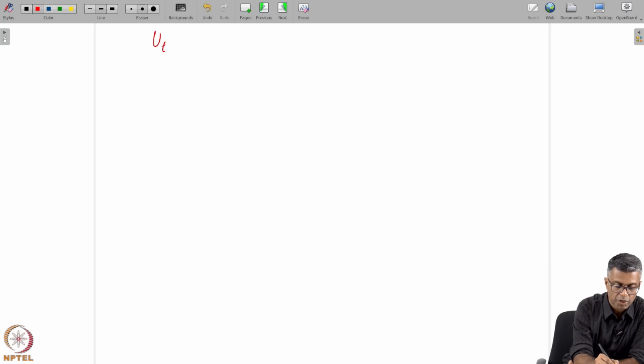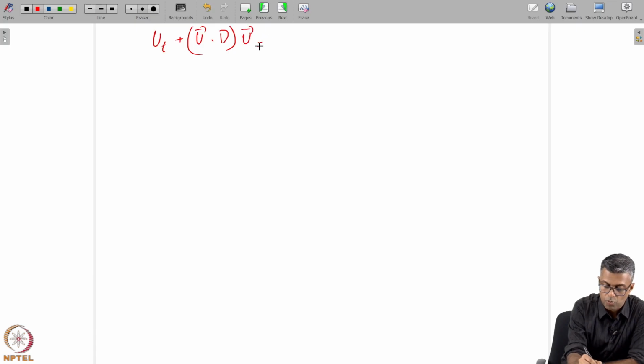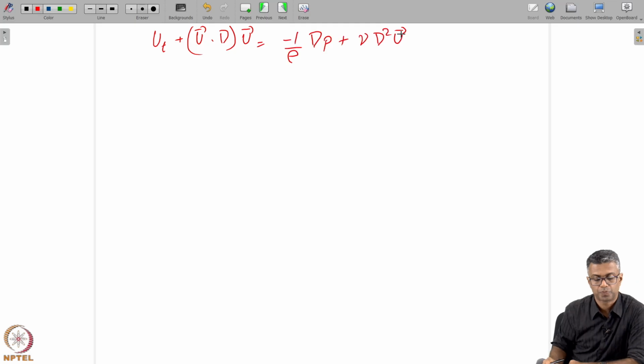And my momentum equation is u_t plus u dot del u equals minus 1 over rho del p, and I am going to consider kinematic viscosity here, so nu del squared u. Unsteady term, convective term, pressure gradient term and viscous term.